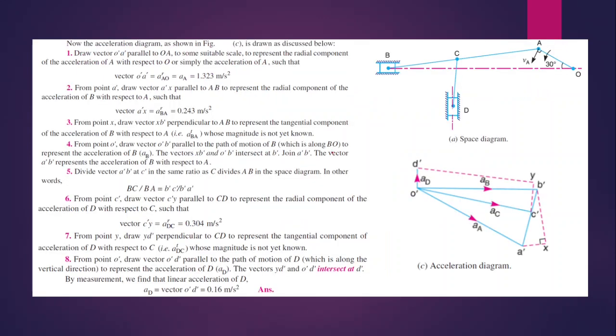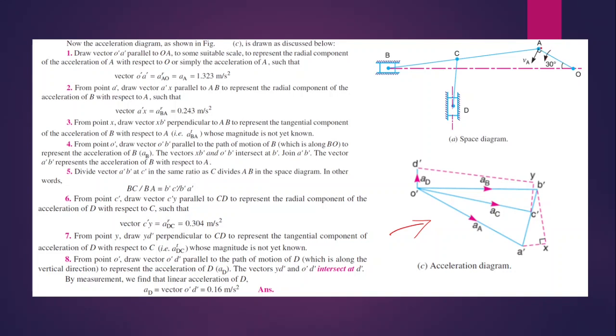Then we can draw the acceleration diagram. First of all, we have to fix the point O dash. Then draw the acceleration of A with respect to O. We know that acceleration has only a radial component, because this omega is a constant.